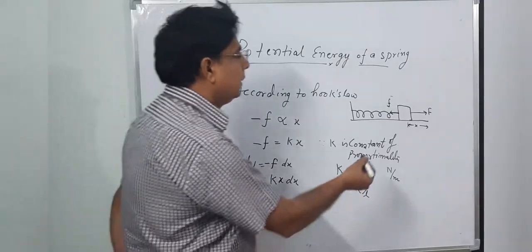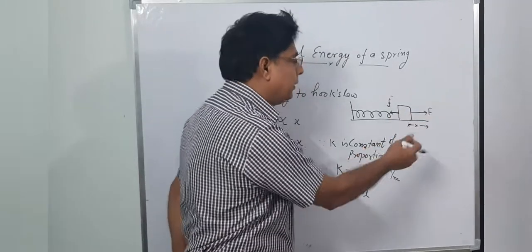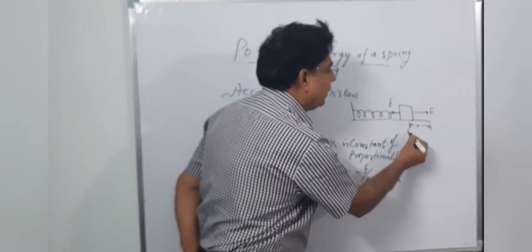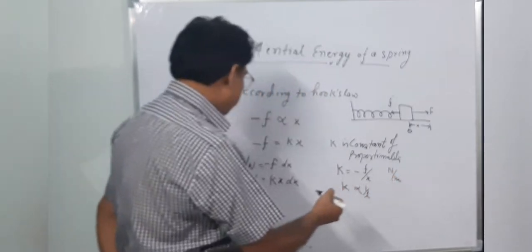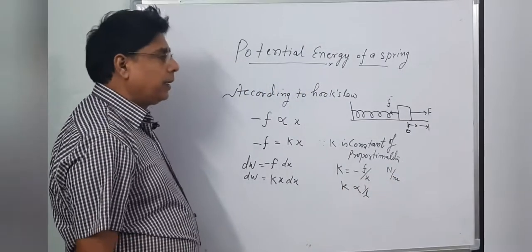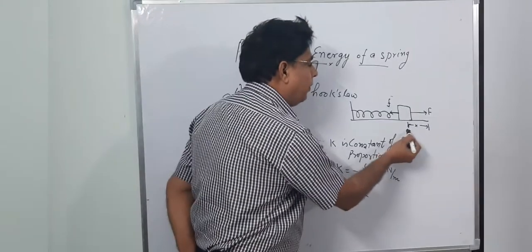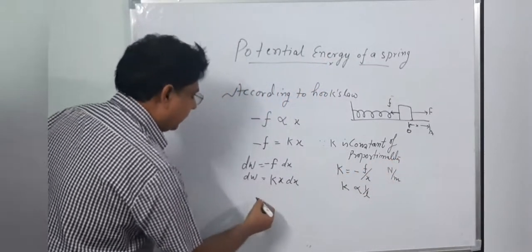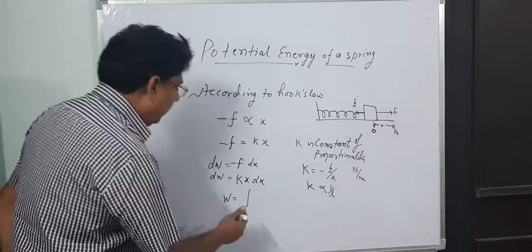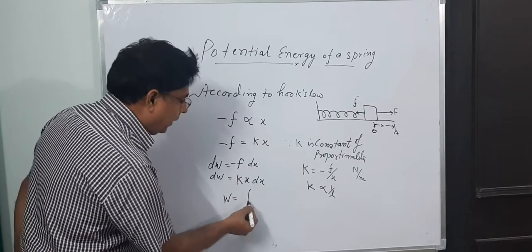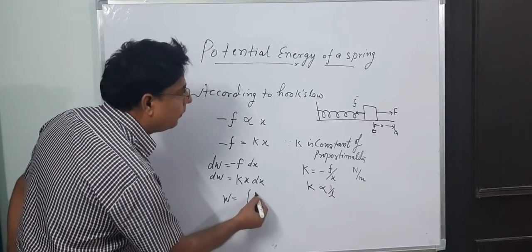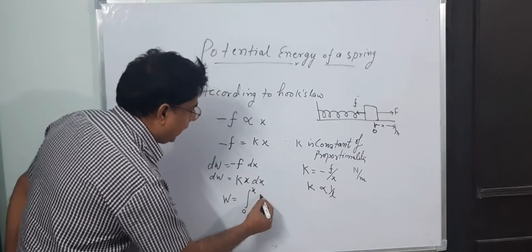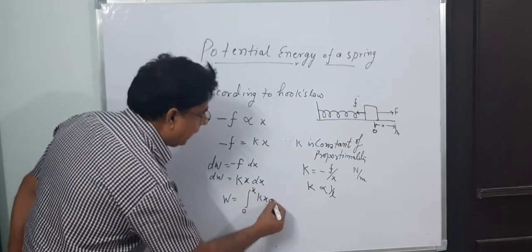If this spring is stretched to a distance x from its rest position, then to find the total work done from point O to point A, we integrate: total work done equals the integration from 0 to x of kx dx.